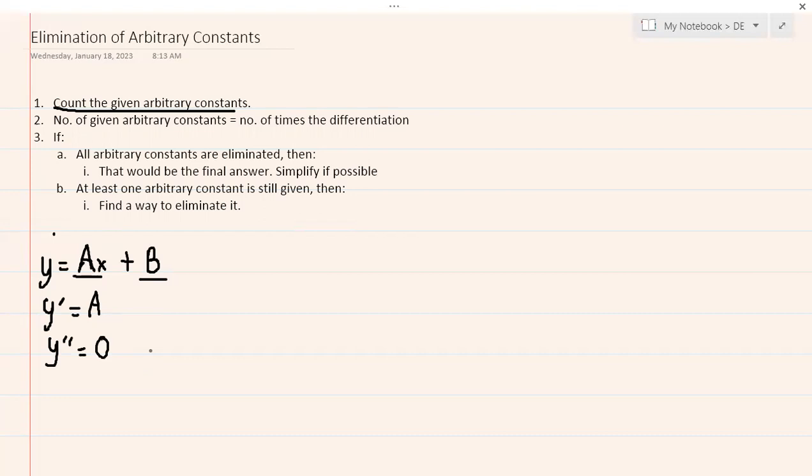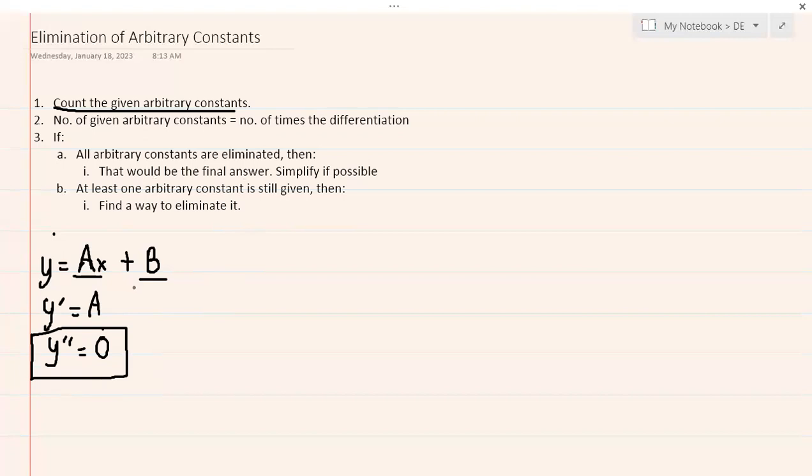There are two conditions here. If you notice, after you differentiate, in your final differentiation, there is no arbitrary constant. If there is no arbitrary constant, then that becomes your final answer. So, as you can see, since there is no more arbitrary constant in your last derivative, that is our final answer. Your final answer here is y second prime is equal to 0.